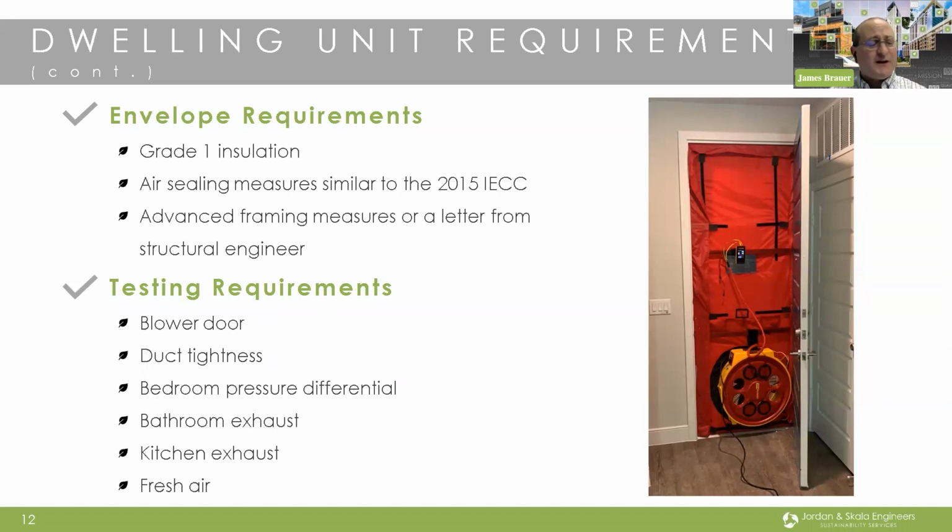Now, while this is relatively easy to do for a 1 to 3 story product, it certainly gets a lot harder as you move up in stories because there we need structural integrity. So Energy Star allows you to bypass advanced framing measures if we get a letter from the structural engineer saying, "Hey, we really can't do this because we need the building to stand up and not fall over." So that is an acceptable pathway through this specific requirement.